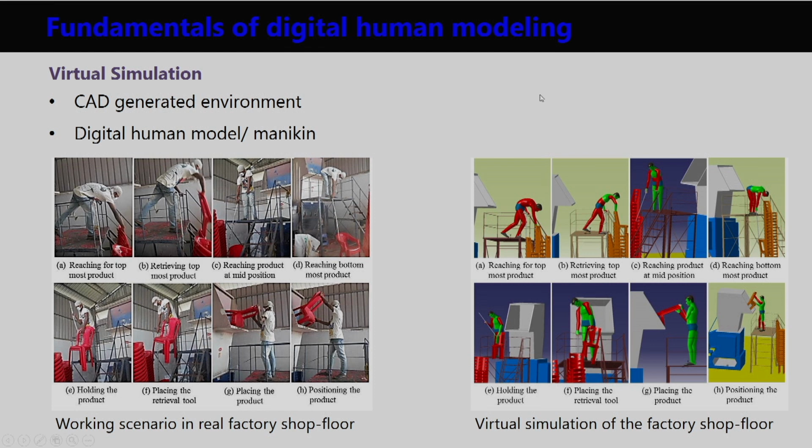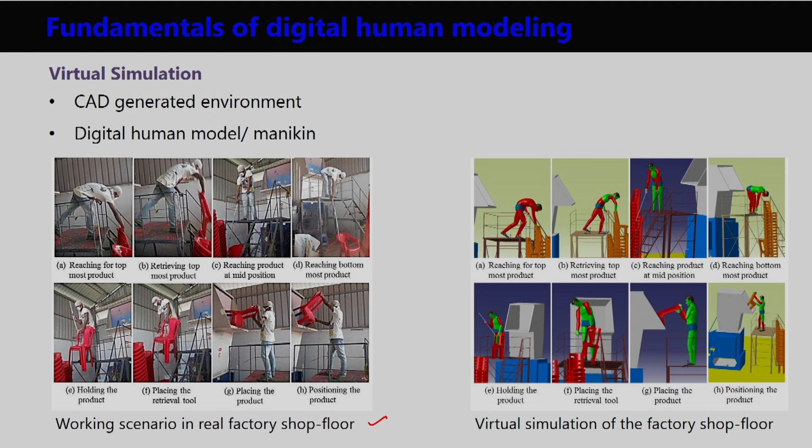Now, if you look at this left side panel, there the digital human model and mannequin, how it is used. The left side panel is a working scenario in a real factory shop floor in an industry. So, how workers are working or how different humans are involved in different types of activities and what type of problem they are facing in terms of physical and biomechanical load and in terms of visibility, in terms of their task performance.